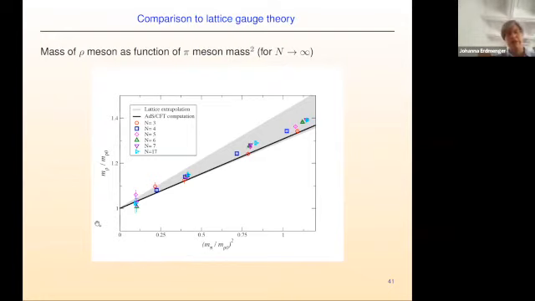Okay, so now the goal is that we want to compare the ADS-CFT calculation with the lattice gauge theory computation. And so the first thing, if you compare two completely different theories, you have to match the scale. I mean, there's one parameter which you have to match. Otherwise, you can't compare anything. And the parameter that is matched is the value of this rho meson particle at vanishing pi meson mass.